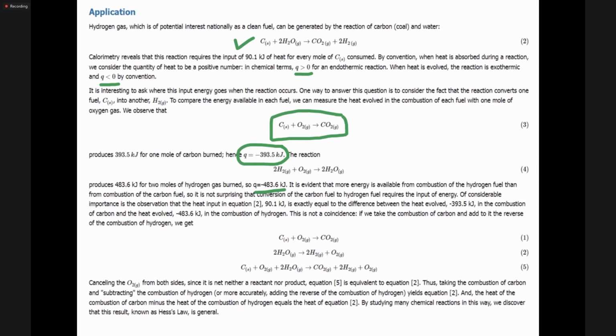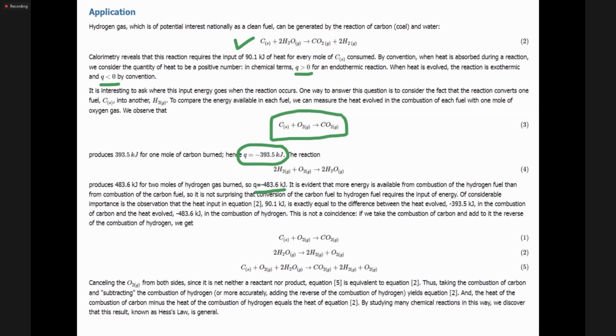Now we have to consider the fact that the heat input in equation 2, that is 90.1 kilojoule, is exactly equal to the difference between the heat evolved, minus 393.5 kilojoule, in the combustion of carbon, and the heat evolved, minus 483.6 kilojoule, in the combustion of hydrogen. This is not a mere coincidence.